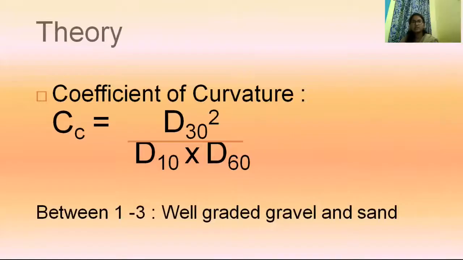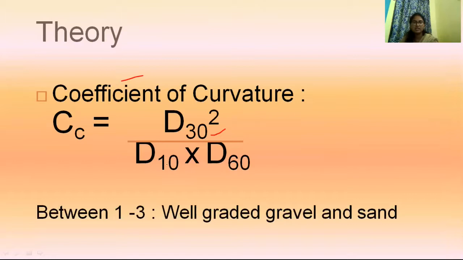Here we can find the coefficient of curvature and the coefficient of uniformity. The coefficient of curvature is D30 squared by D10 into D60. What is the meaning of D10? 10% of particles are finer than this, and similarly D30 and D60.